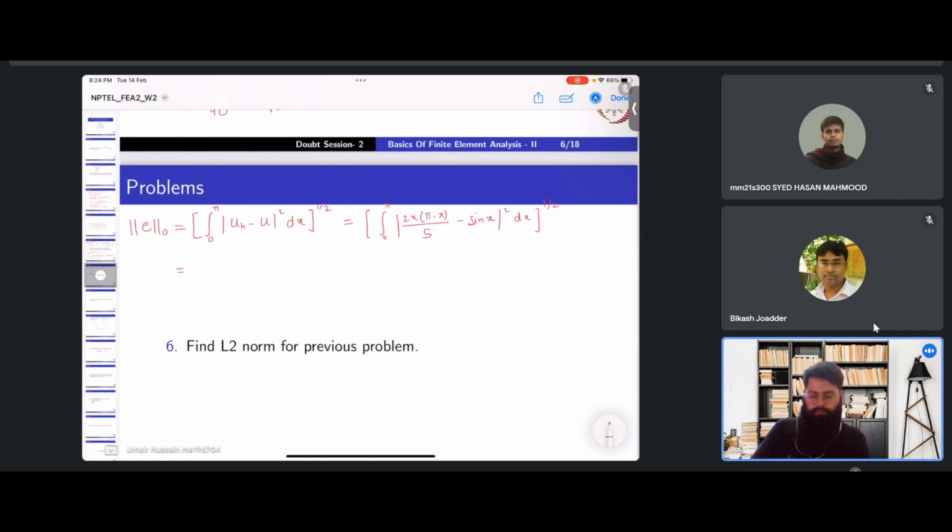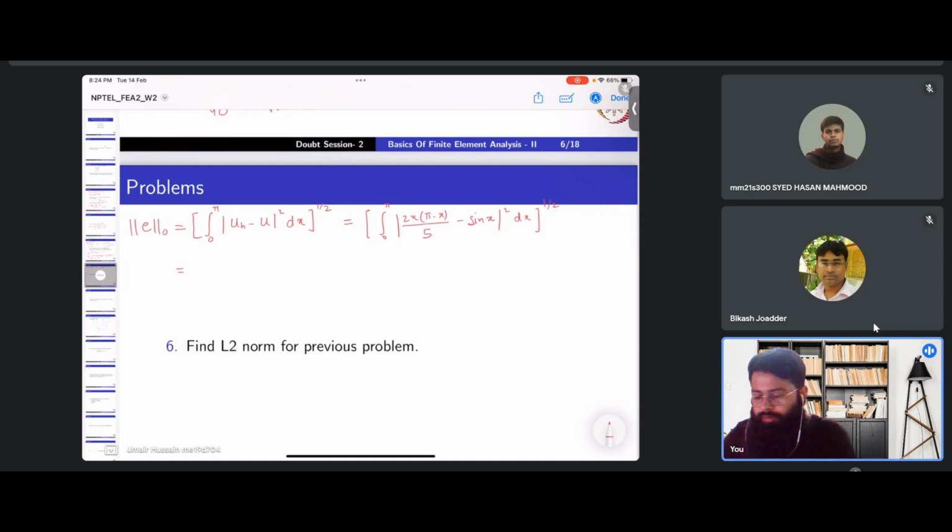So we have integral from 0 to pi of 2x into pi minus x divided by 5 minus sin x, whole square. Yep, I got an error of 1.52.